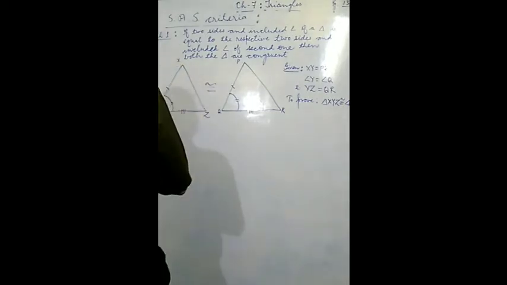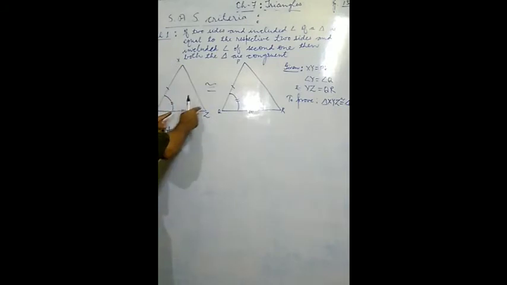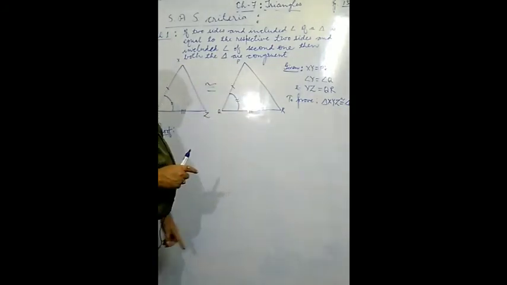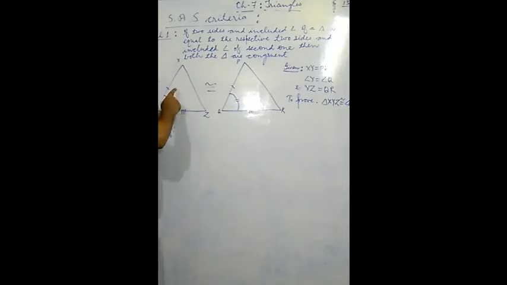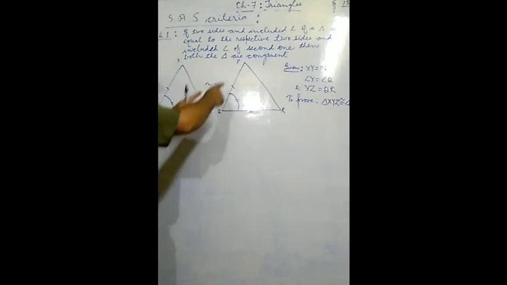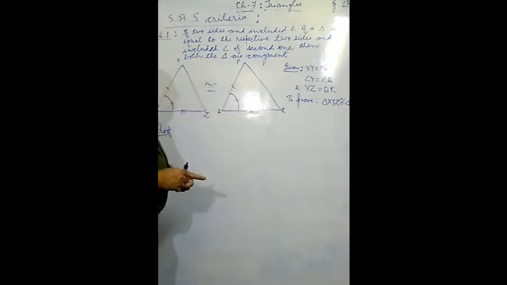How can we prove this? Try to follow here. In triangles XYZ and PQR, both are given here. What to do? We have to put either triangle XYZ on PQR or triangle PQR on XYZ. Anyway, we have to put and try to see how they are matching, how they are congruent.